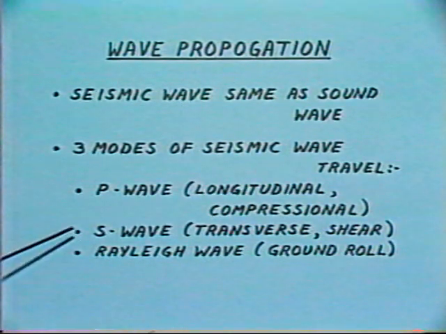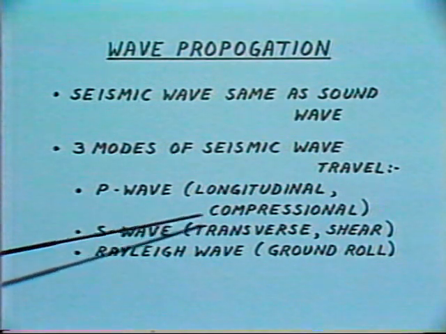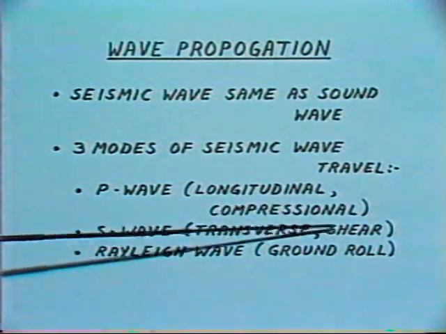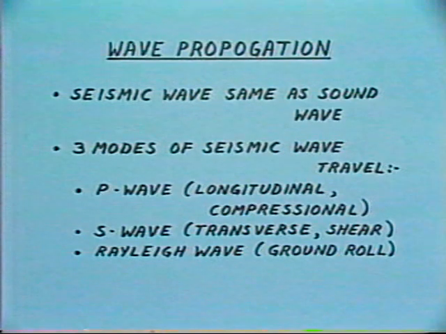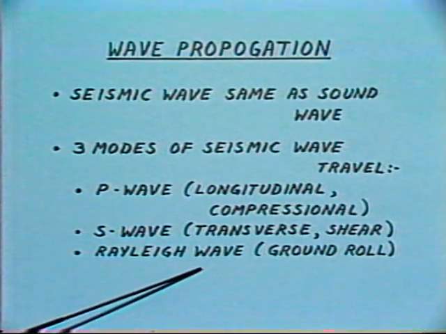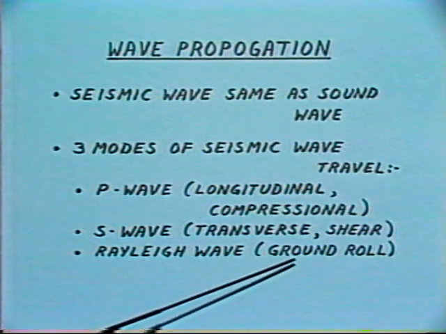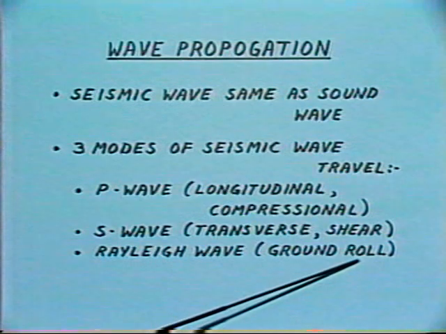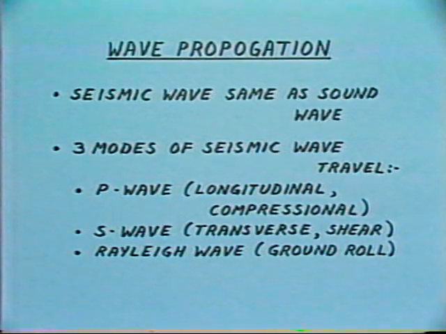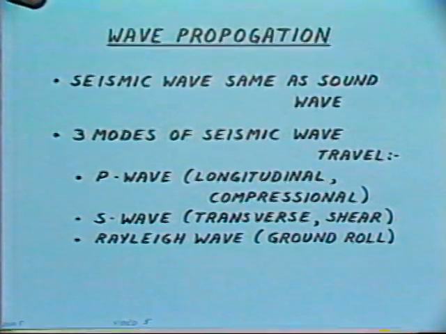The second type are the S waves, sometimes called transverse waves or shear waves. And the third one is a method of travel called the Rayleigh wave. A more common name for that is ground roll. And now we'll look at how those waves actually travel through the Earth.